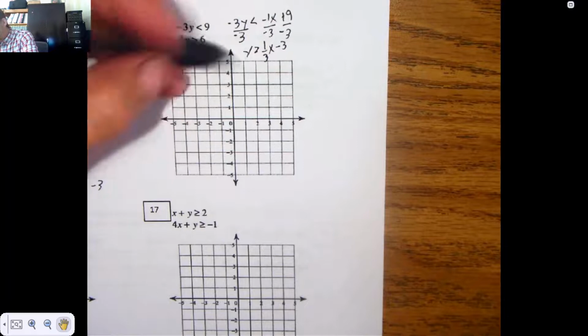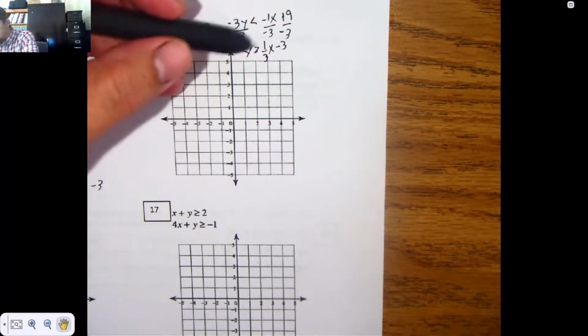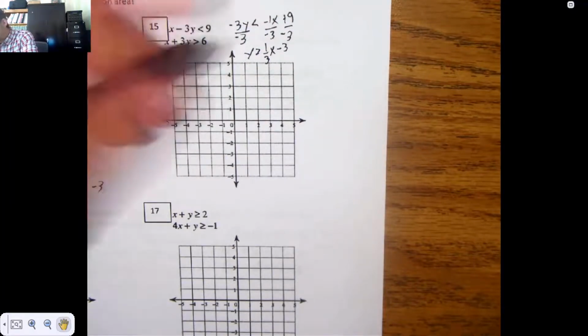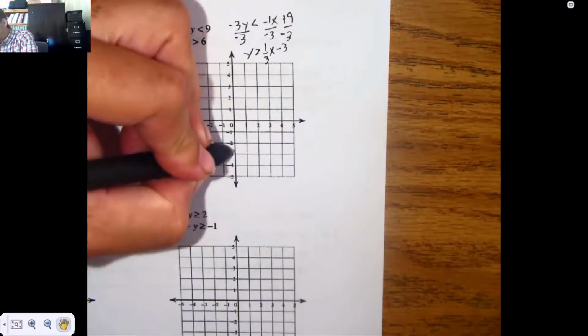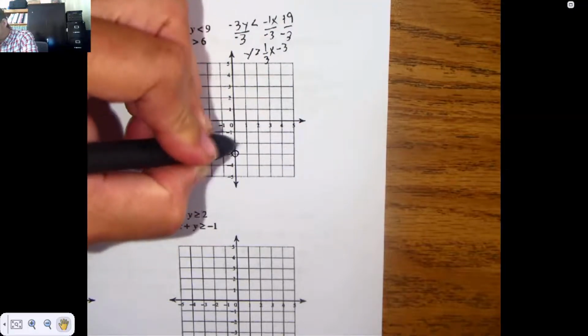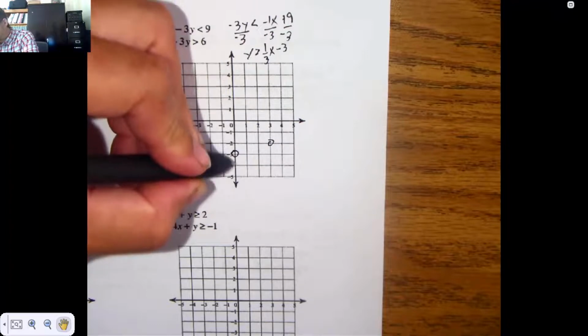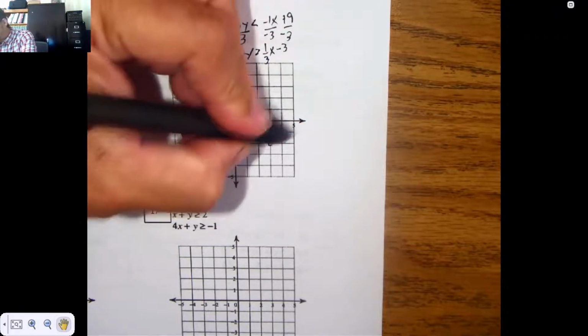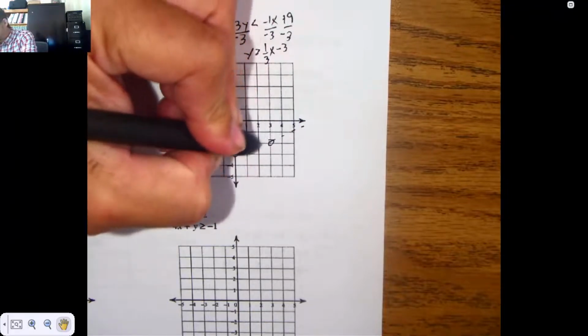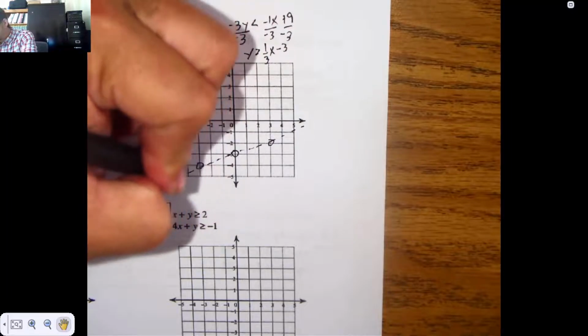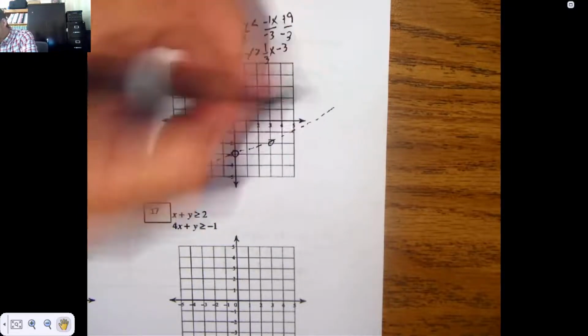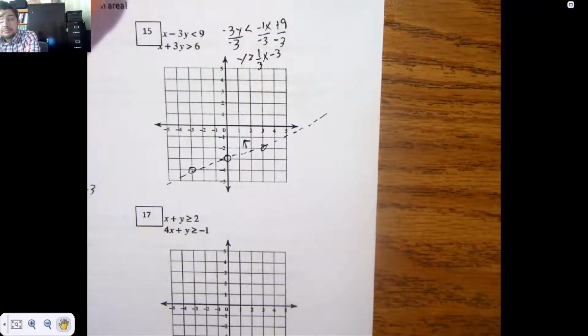And I flip my symbol. There's no solid line, so everything's going to be dashed and open. I'm going to go to -3, my y-intercept, and I'm going to rise 1 and run 3, or conversely, fall 1 and fall back 3. And it's telling me to shade above.